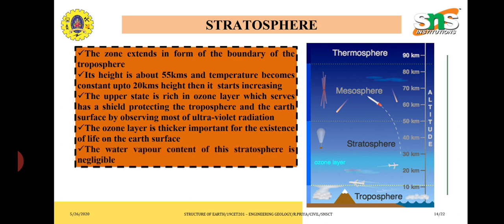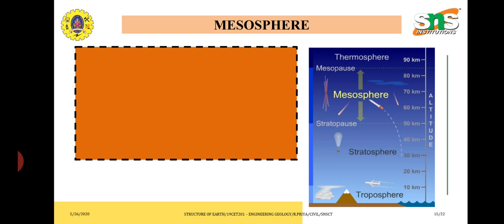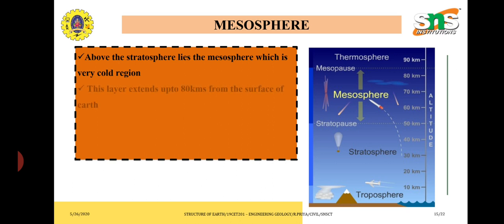The layer which separates the stratosphere from the next zone is known as the stratopause. The next layer is the mesosphere. The third layer of our atmosphere is the mesosphere, which is a very cold region. This layer extends up to 80 km from the surface of the earth.